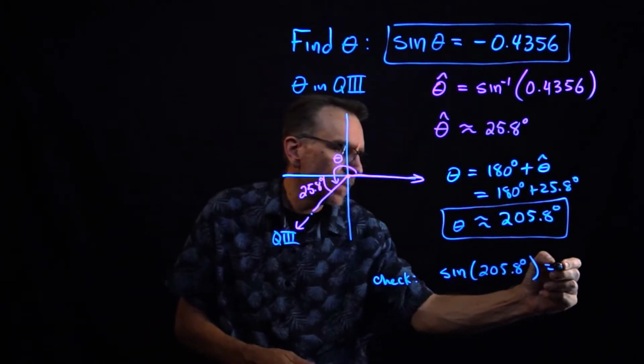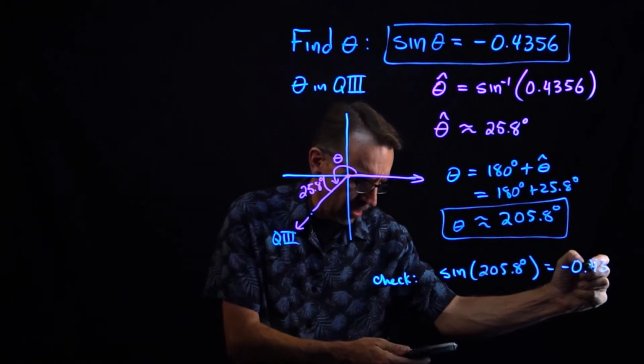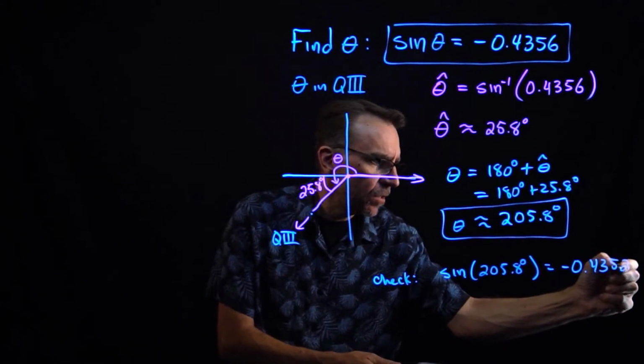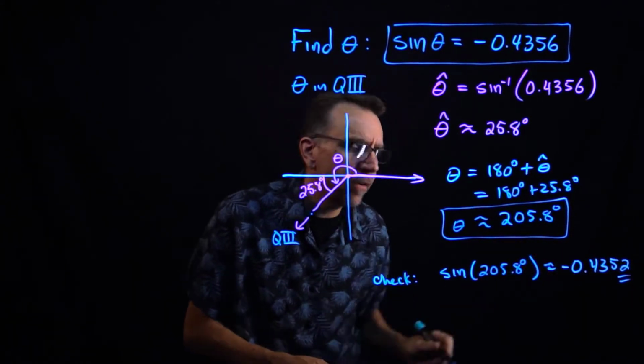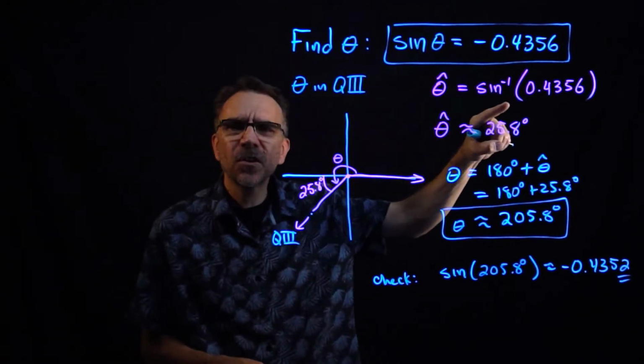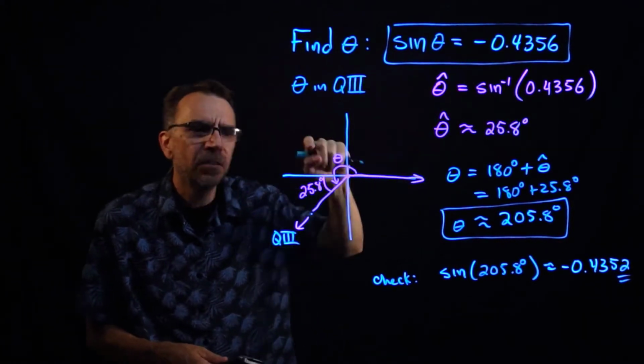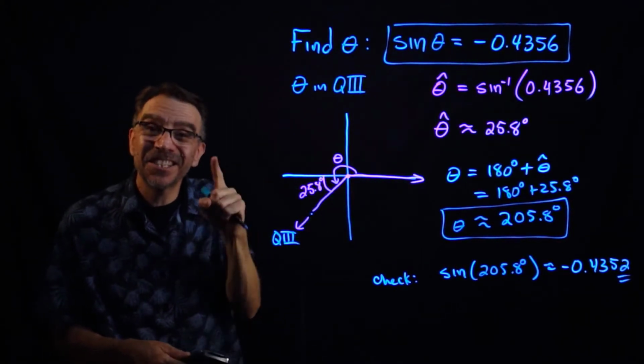And you can see here it is: negative 0.4352. So we are off by that round-off error, but that's pretty much it. Always take sine inverse, cosine inverse, tangent inverse of the absolute value of the ratio, and you're guaranteed the reference angle. Let's do another one.